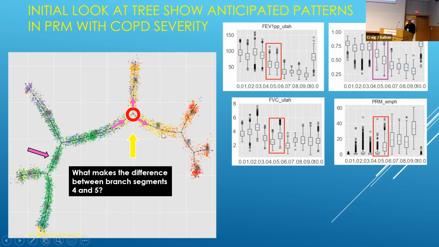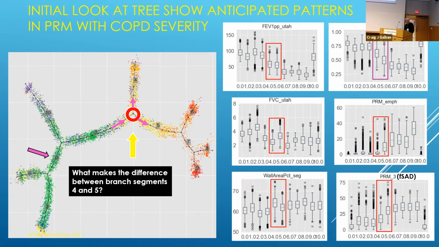As we're moving down segment 5, we see an increase in the amount of emphysema in the lungs in those patients. But what was really interesting is when we looked at our airway measurements. This is wall area percent, which is a measure of bronchitis, and PRM FSAD is a measure of bronchiolitis, and we can see they're inverted from one another.